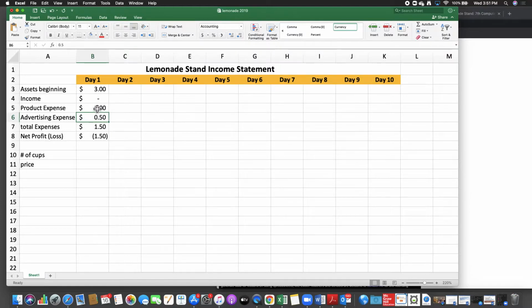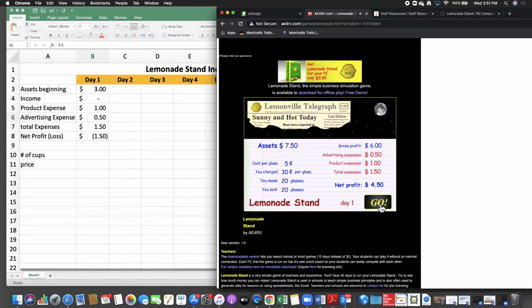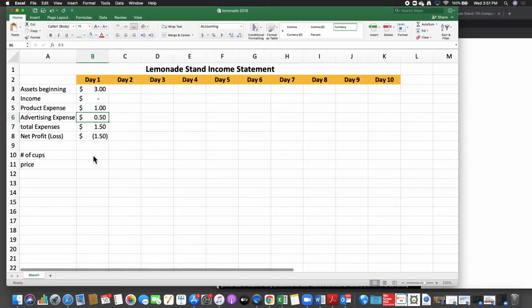So right now, without coming up with any income, we are out $1.50. So before the day starts, we're already out $1.50. So I'm going to hit go. And it looks like I sold 20 glasses. Oopsies.